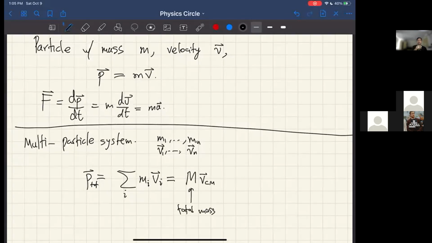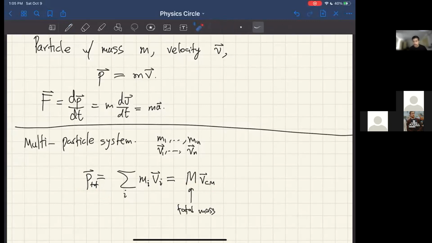The center of mass is this geometric point, which is the weighted average of the locations of the particles based on their masses. And the total momentum is simply the momentum as if you view the center of mass as a single particle. So that's why this is quite a useful definition.